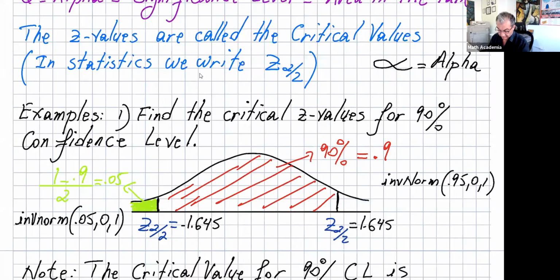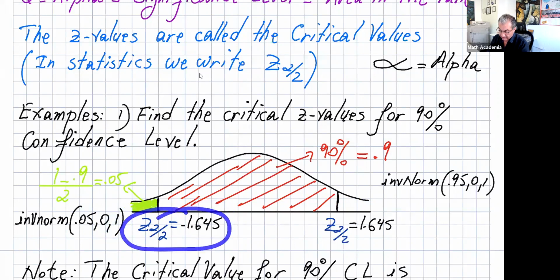And if you do that, you get 0.05. Again, with your calculator, we learned how to do this. Do inverse norm of 0.05. The mean is 0 and the standard deviation is 1. If you do that, you get 1.644, but that's a special one. They take 3 digits after the decimal point.